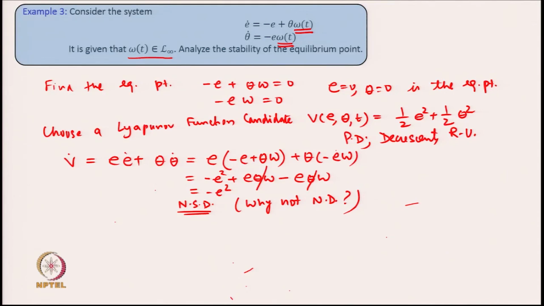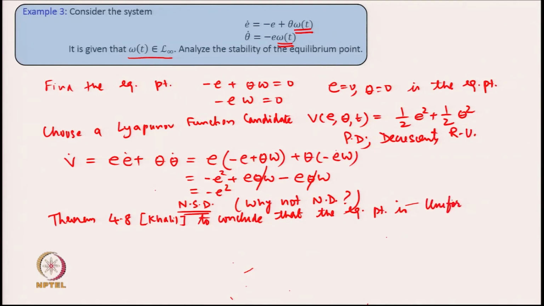So, we can invoke theorem 4.8 in Khalil to conclude that the equilibrium point is uniformly globally stable.